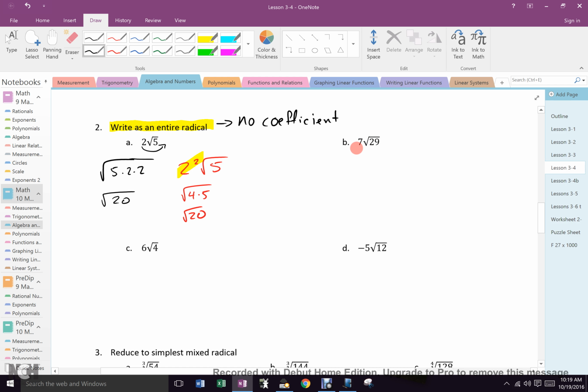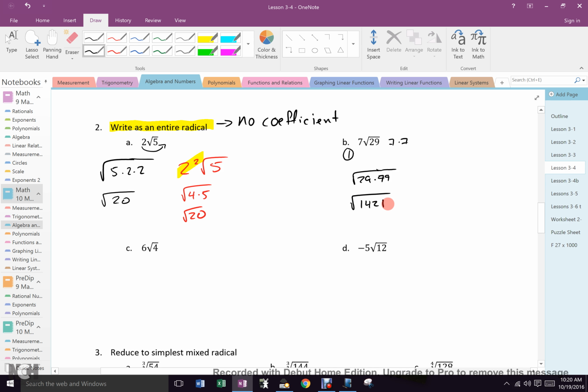What is this really? If there's a 7 out here, how many are under there? There must be 7 times 7. So this is 29 times 49. 7 times 7, yeah? Can't do that in your head. You're going to get out your calculator. What's it going to be? 1,421.